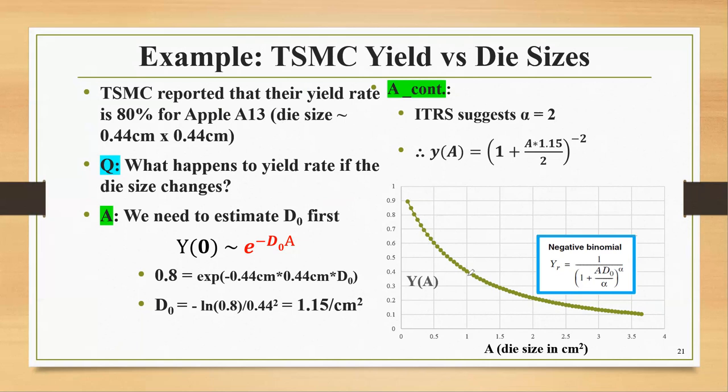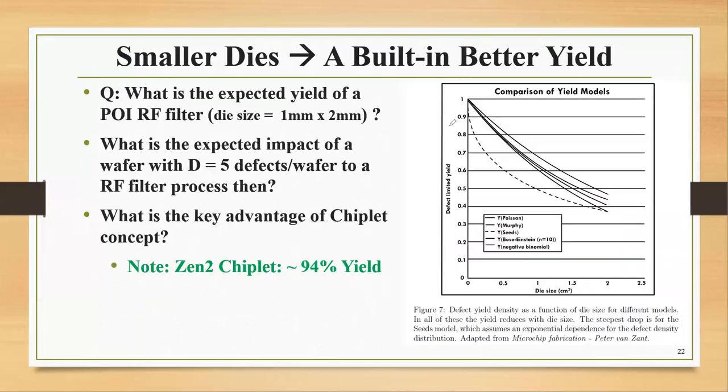But that's what the current process will give you. With a 0.2 centimeter squared die size, it gives you 80% yield. But with a die size of 1 centimeter square, the yield will drop to about 40%, 0.4.